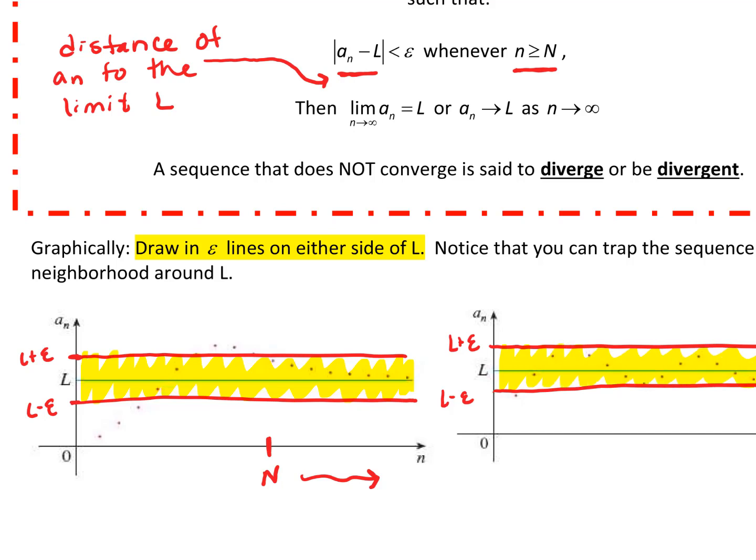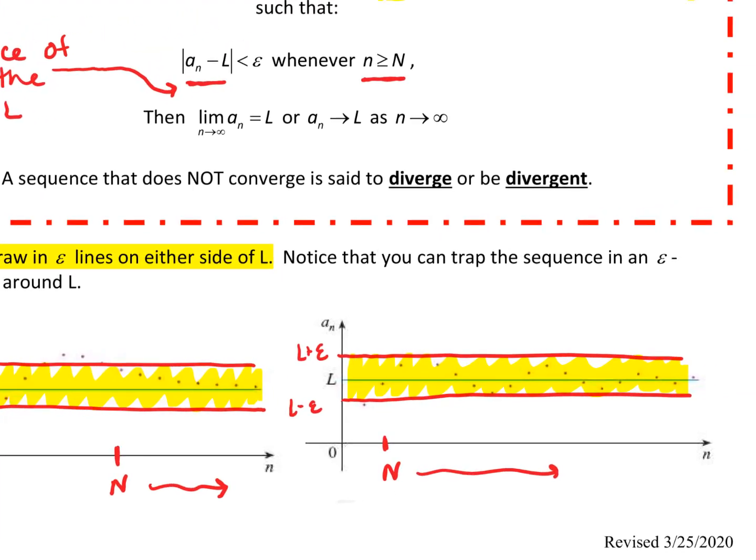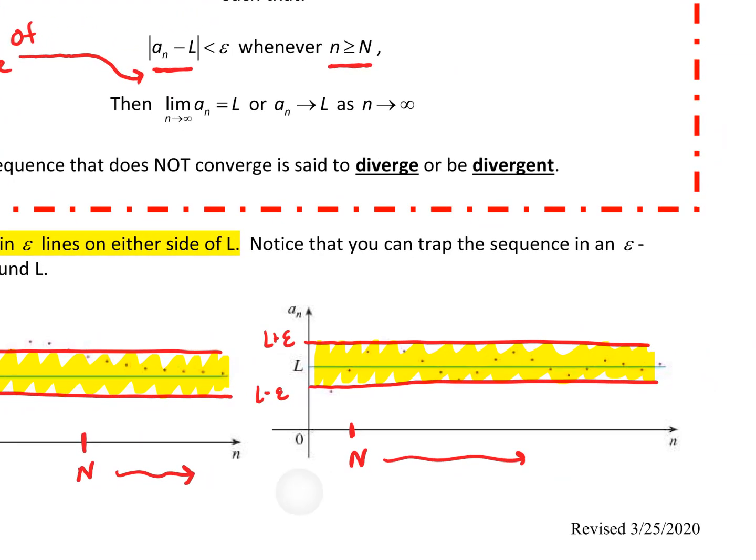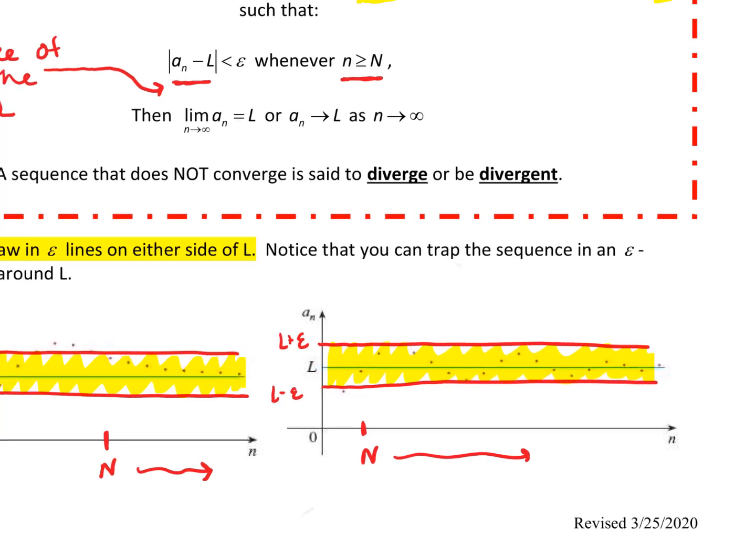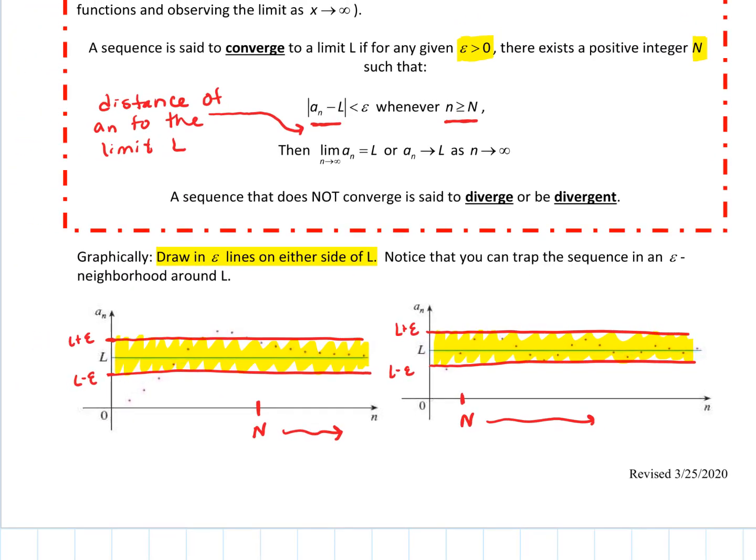That's the definition. And so it looks like this occurs right here. My capital N occurs right here. And then for every little n after that, my terms are within that epsilon neighborhood. So that is showing the actual official definition of the limit of a sequence.